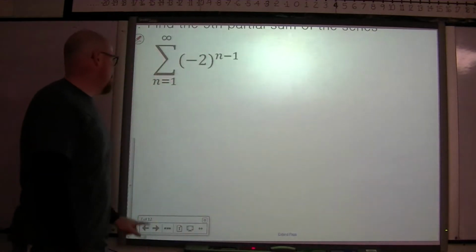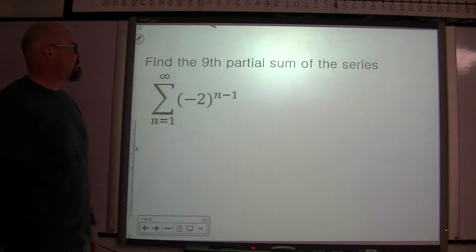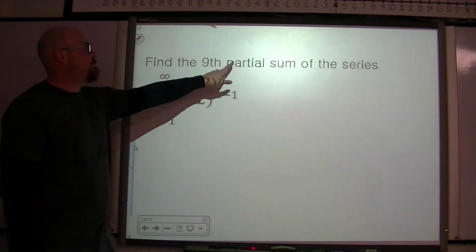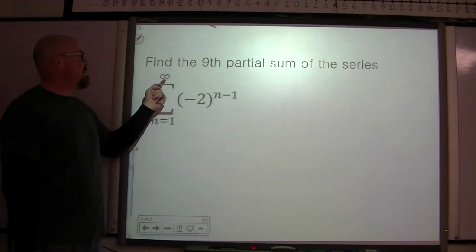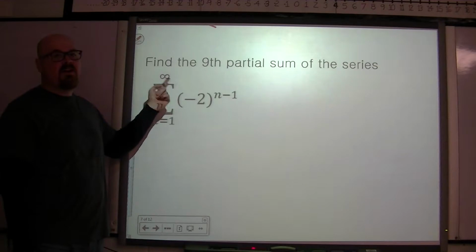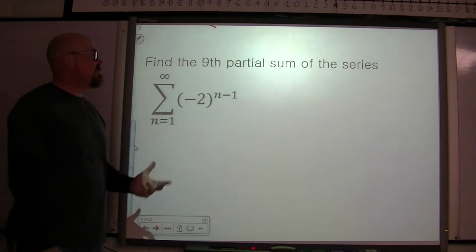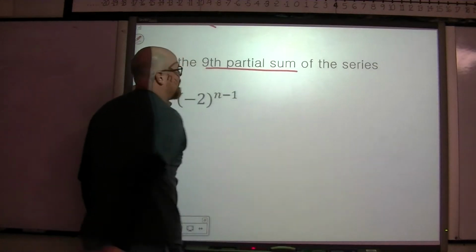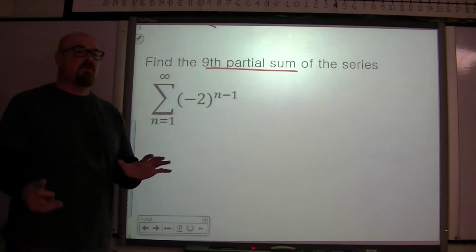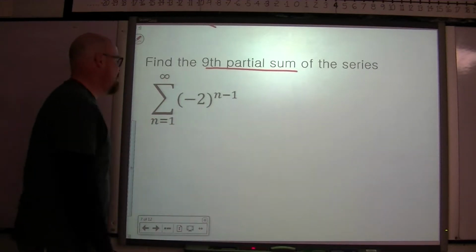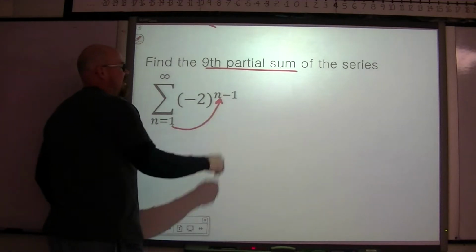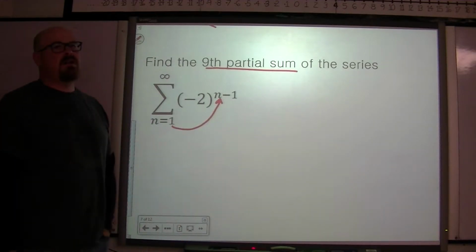A quick little example here. Find the 9th partial sum of the series. Now take a look. We've put infinity here. That doesn't mean that we're doing an infinite sum if they're asking for the 9th partial sum. That means we're only going to add together the first 9 terms. The first term we get by plugging the number 1 in for n.